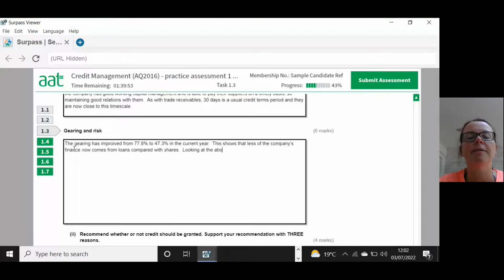Looking at the absolute figures, so the actual figures rather than just the percentages, the level of borrowing has reduced substantially from 12.7 million to 4.3 million.